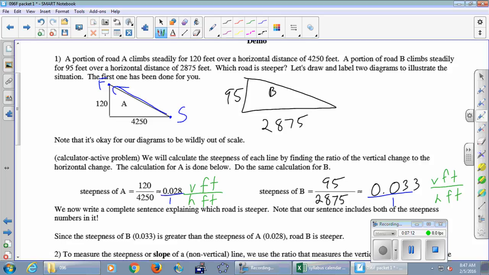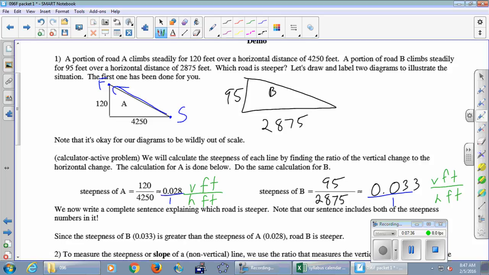The reason we can now compare these two single numbers, the 0.028 and the 0.033, is that they are both in relation to exactly the same horizontal change. Both of these roads have now been boiled down to, okay, what do you do when you move horizontally 1 foot? Which one of these rises more? It's B, right? Because 0.033 is a larger number than the 0.028.